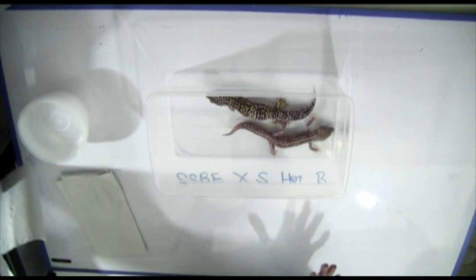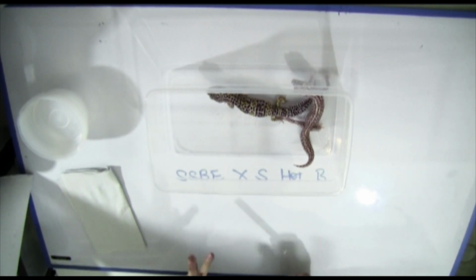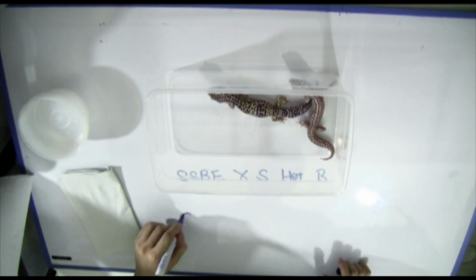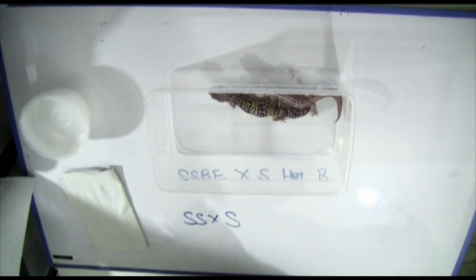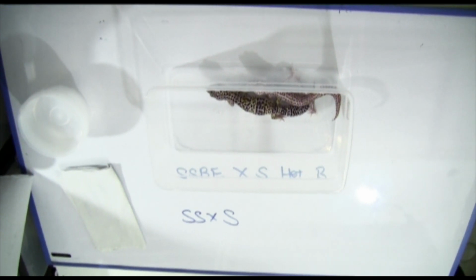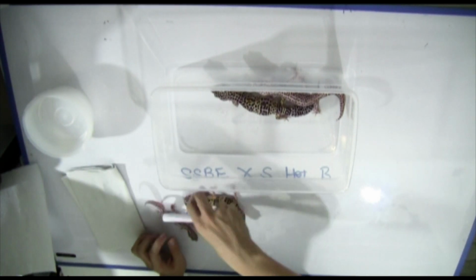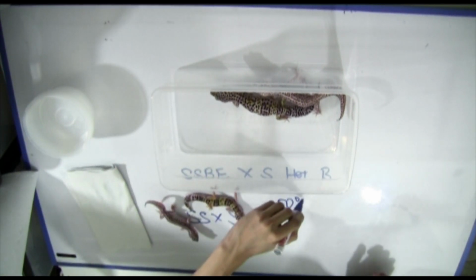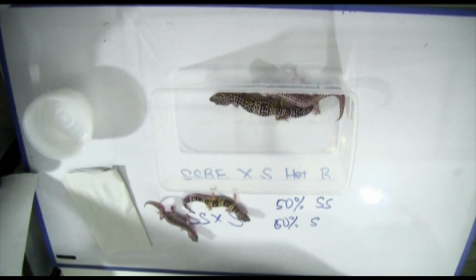What are the chances of producing a super snow bell enigma? Okay, super snow paired to a snow, first of all, gives you a 50% chance of making a super snow and 50% chance of making a snow.